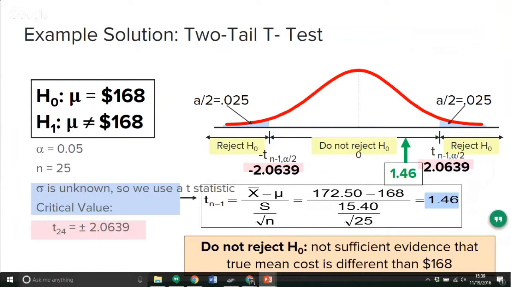So this is an instance where we had one continuous variable that we were testing, and we had a hypothesis about it, and we wanted to see whether the evidence bears out what we hypothesized. And in fact, it did.